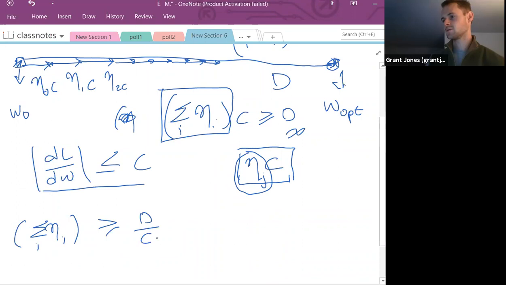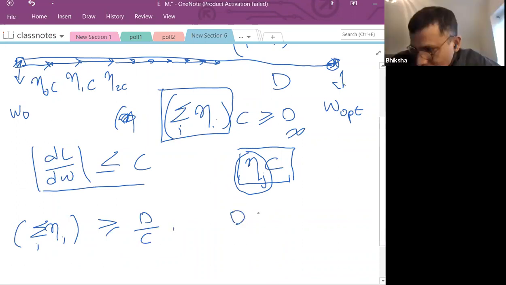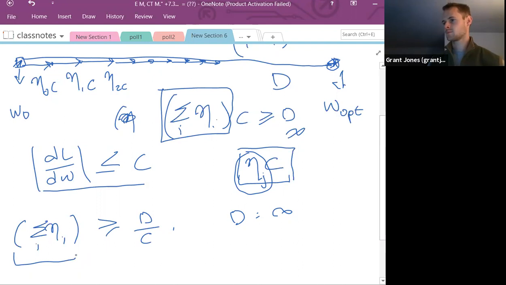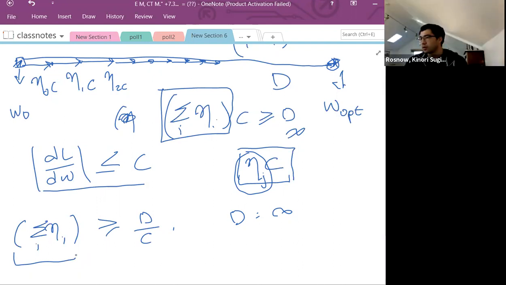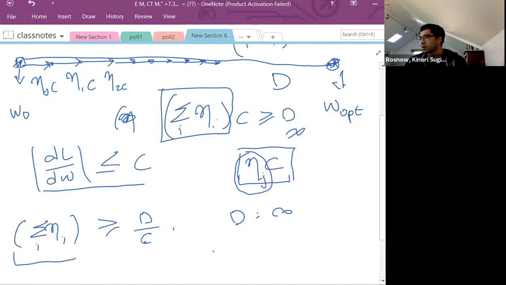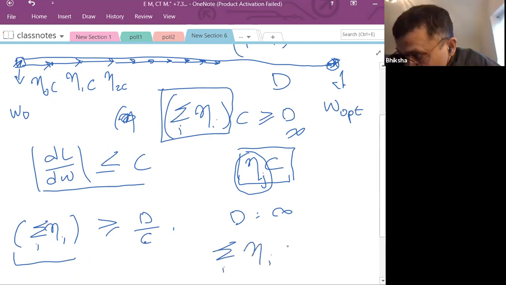So if D is infinite, meaning if your initial estimate is infinitely bad, then what is the condition on this guy? C must go to infinity. Not C. C is your upper bound on the loss. That's a property of the loss. This doesn't change. The only thing you have is the etas. Not the etas, but the summation of etas must go to infinity.